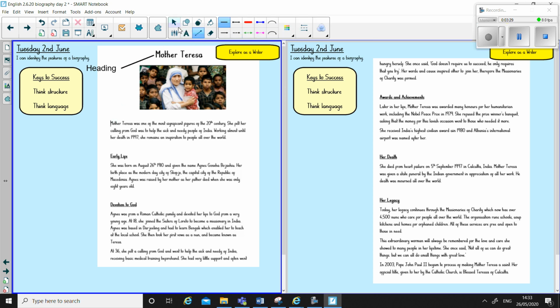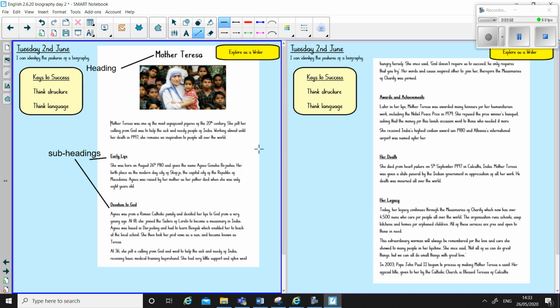If it's got a heading, it's often also got subheadings. That helps us, doesn't it, to organise the work and to see where it is on the page and what's what. So we've got quite a few subheadings here. We've got one here, one here, one here, here and here. So organising it into paragraphs.